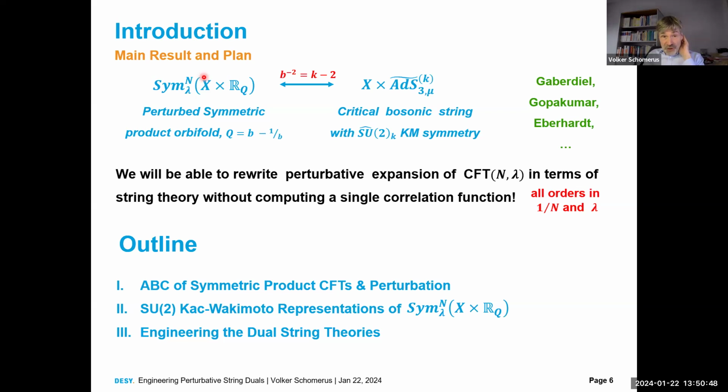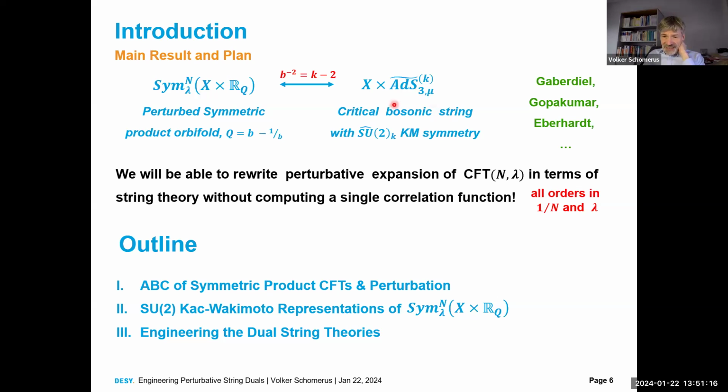That's the symmetric product orbifold. That's a particular CFT. And then you actually turn on some kind of interaction that I will also describe. That's here denoted by lambda, and that's the analog of the Yang-Mills coupling to a certain extent that I'll describe better. And so I will take this theory, and then I will do exactly what I said. I will take correlation functions in this theory, and I will rewrite them in terms of a string theory.